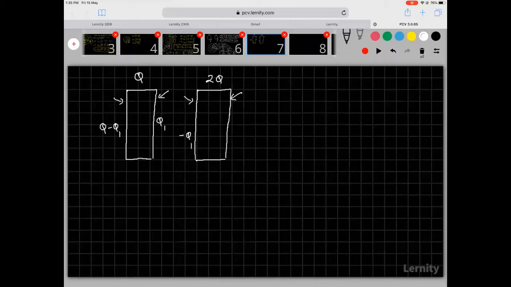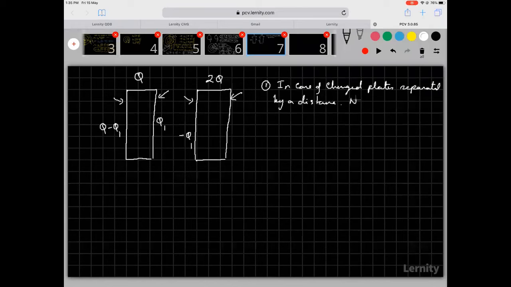So here is a theory that in case of charged plates separated by a distance, net charge on facing plates is 0.